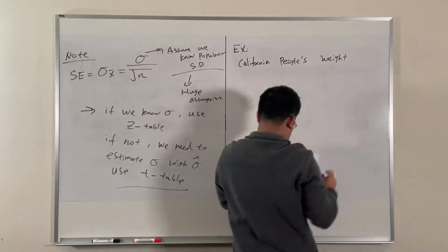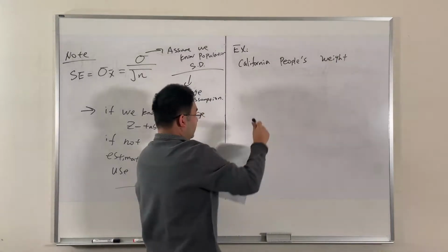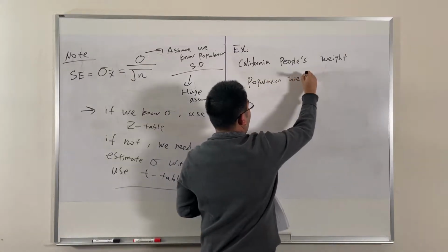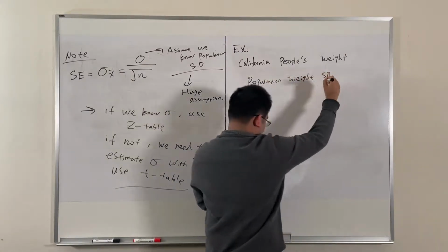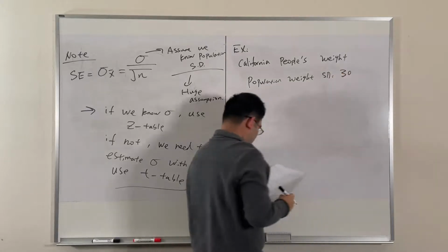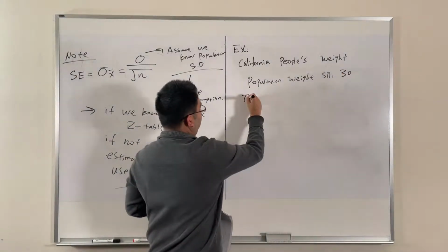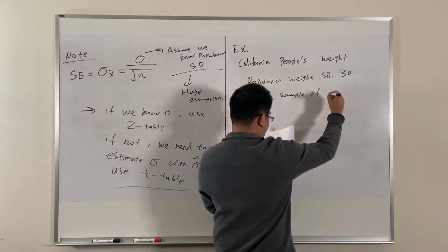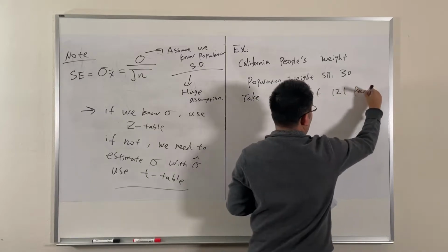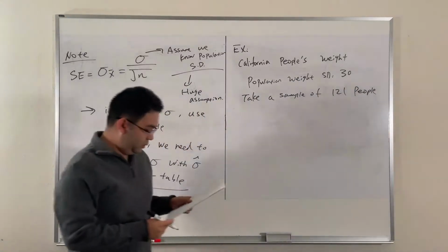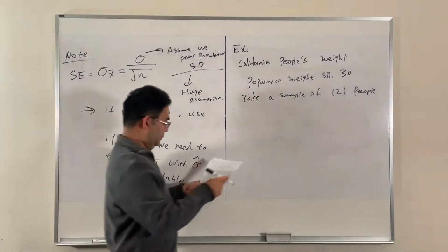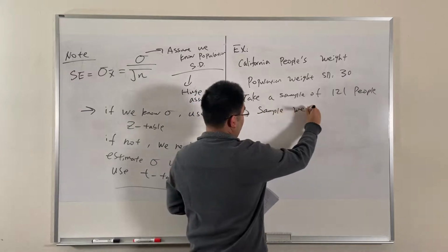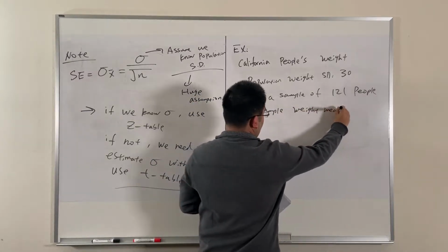The population weight standard deviation is 30, and then we take a sample of 121 people. So we have 121 people in our sample, and the sample weight mean is 153.